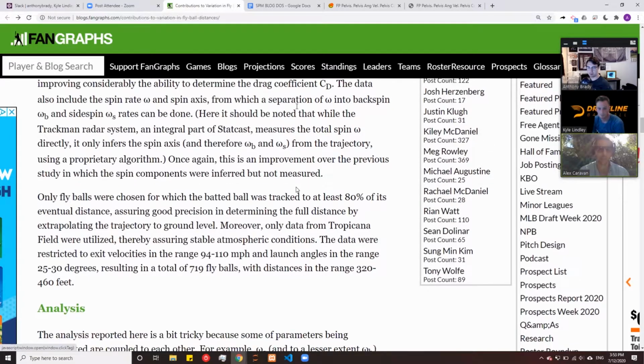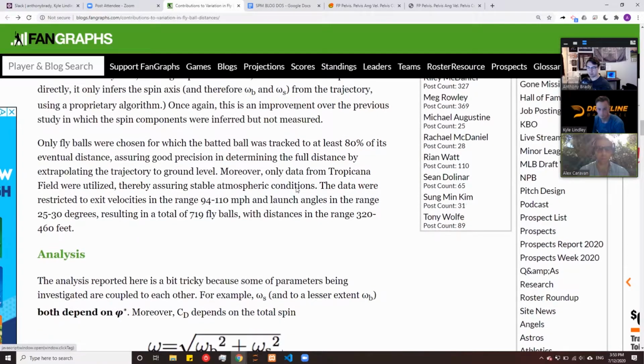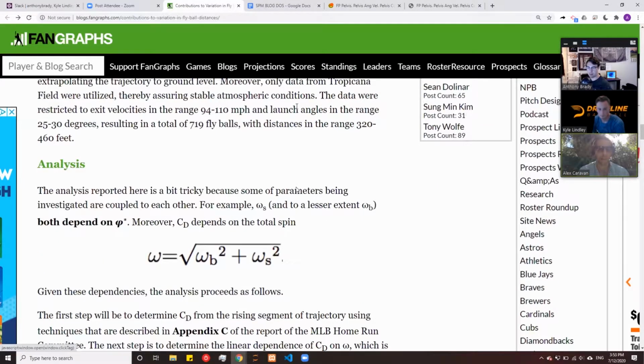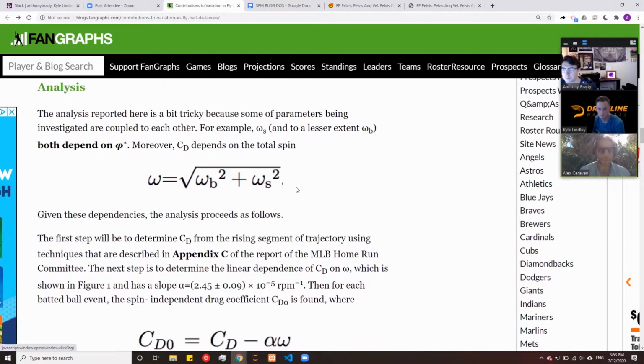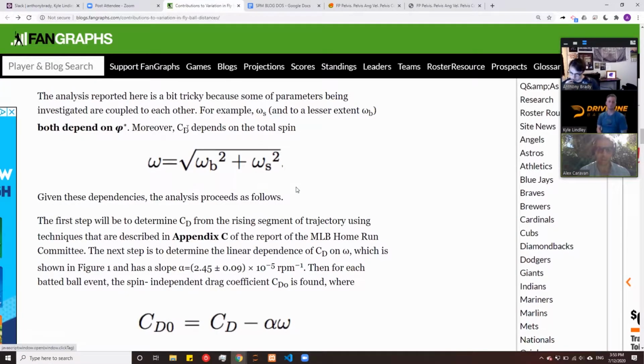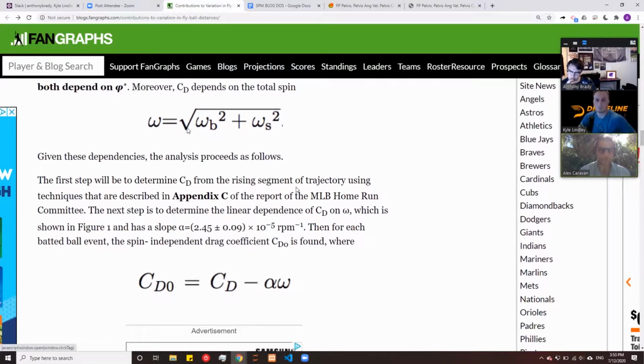He looked at only data in Tropicana, again to assume stable atmospheric conditions. And he looked at exit velos between 94 and 110, launch angles between 25 and 30, and that gave us over 700 fly balls.